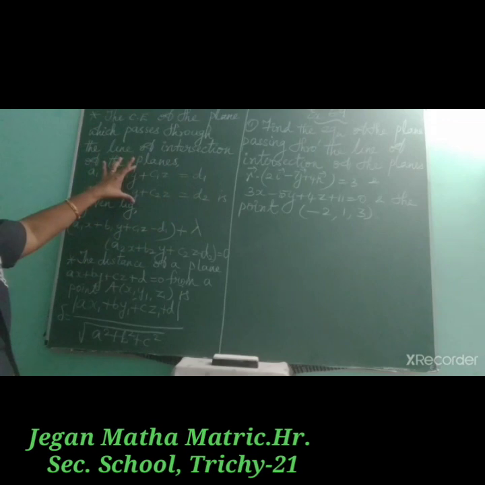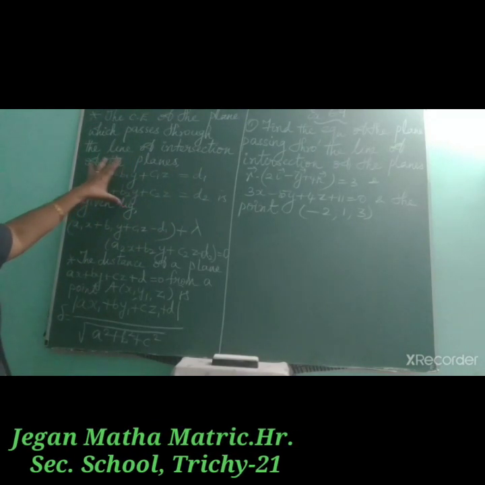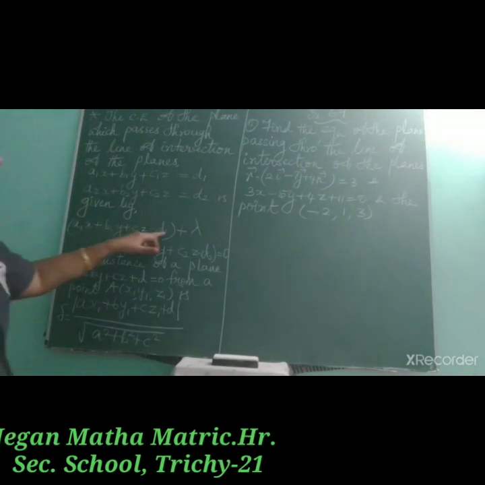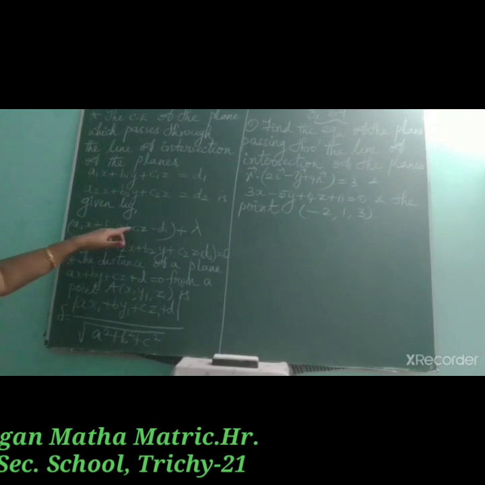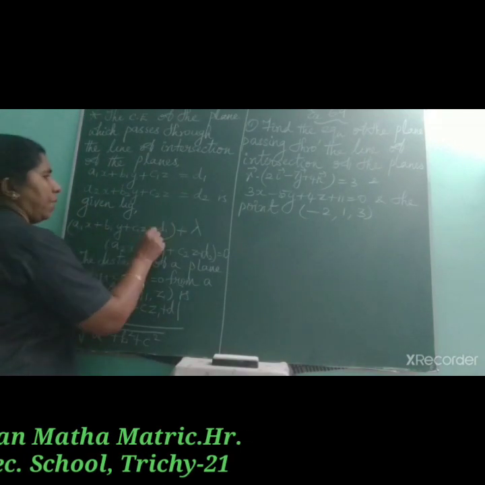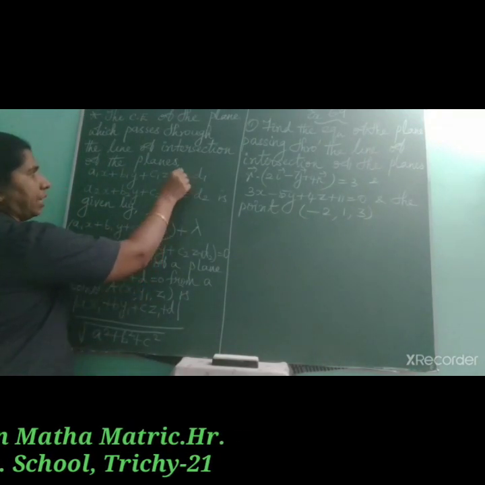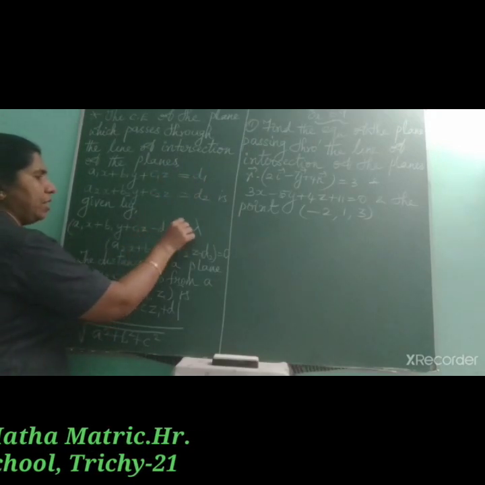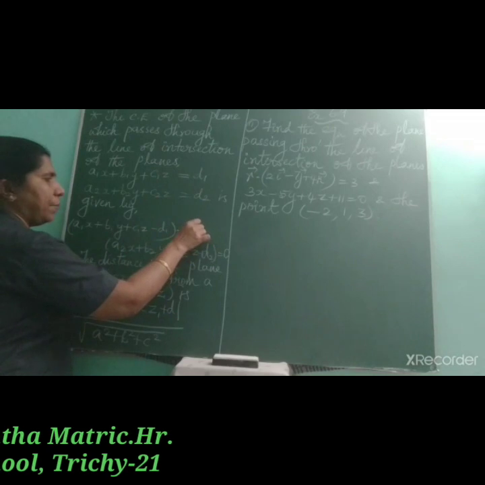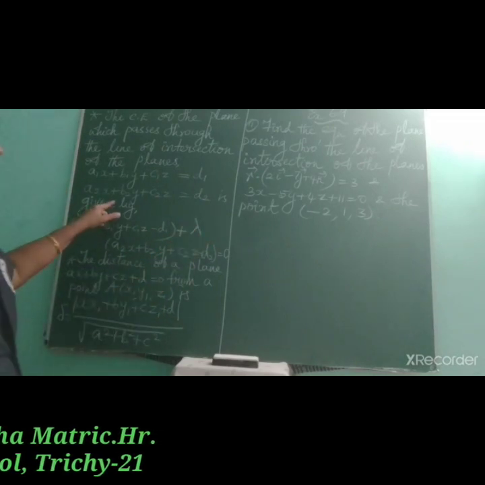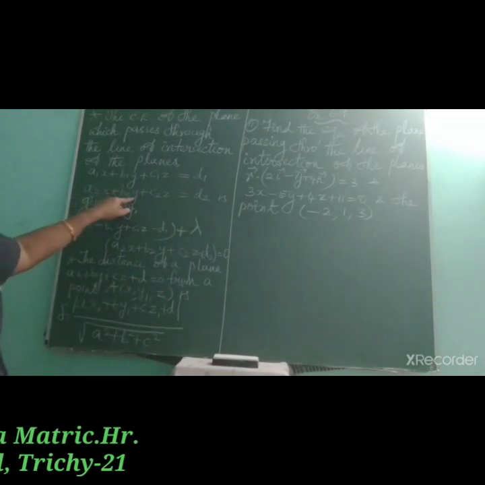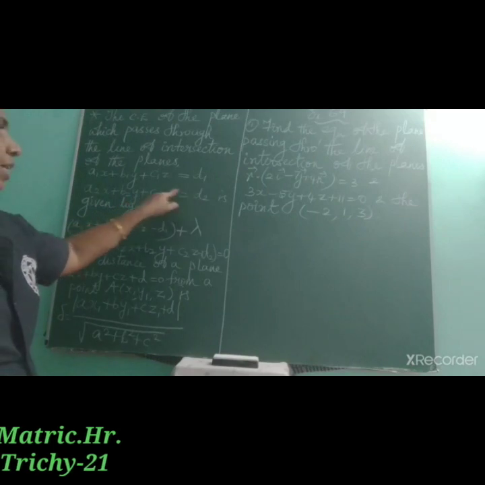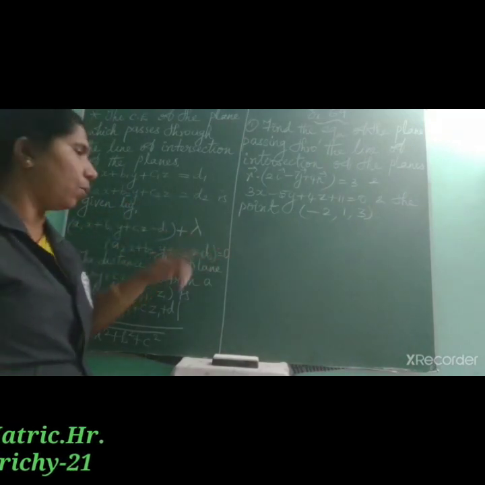The equation is a1x plus b1y plus c1z minus d1, taking the left side minus d1, plus a constant lambda into the equation of the second plane, a2x plus b2y plus c2z minus d2, equal to 0.